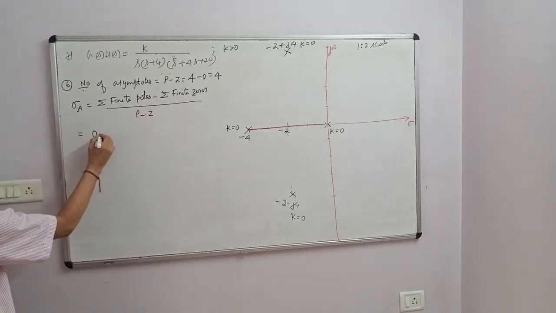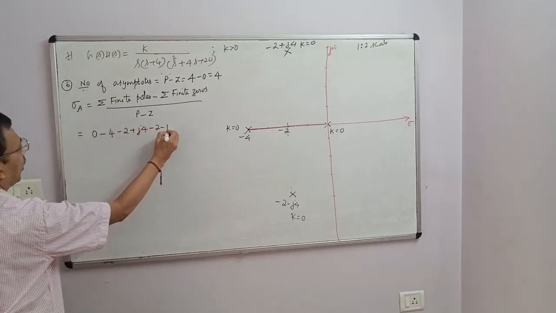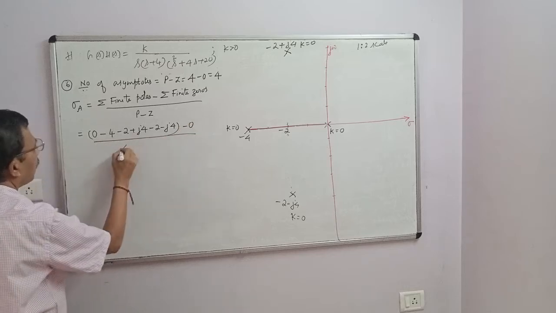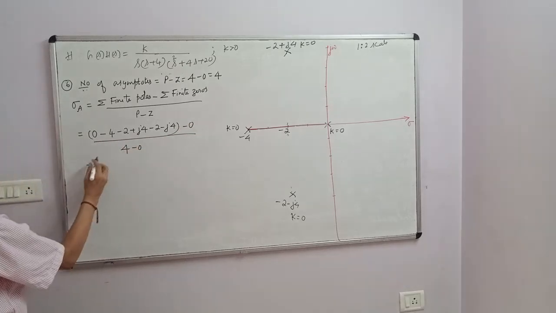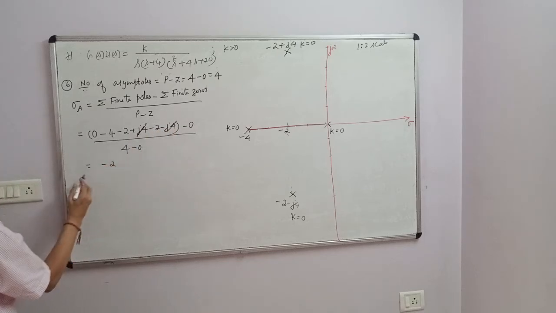Add all pole locations: 0, minus 4, minus 2 plus j4, minus 2 minus j4. There are no zeros, divided by 4 minus 0. So plus j4 minus j4 cancels. Minus 8 by 4 is minus 2.